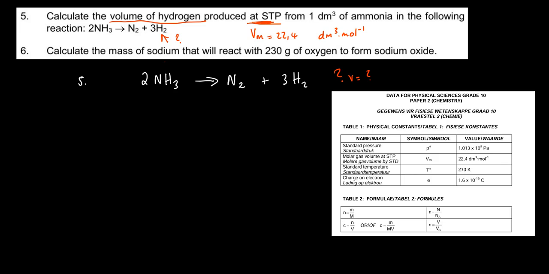What else are we given? We're given that we have 1 decimeter cubed of ammonia. Now, if they say 1 decimeter cubed of ammonia, you ask yourself, okay, am I given concentration, or am I given volume, or am I given number of moles, or am I given mass, or am I given molar mass? What is it?